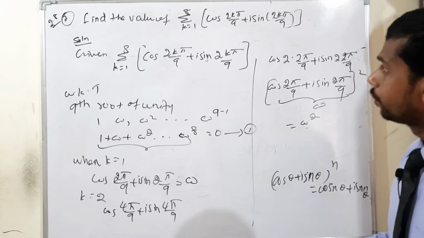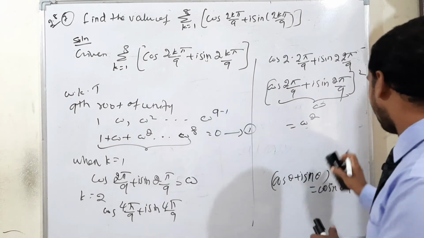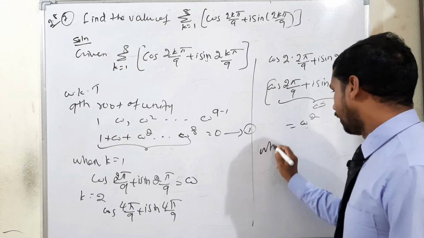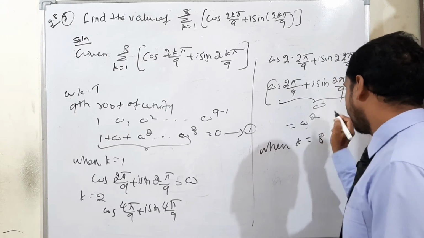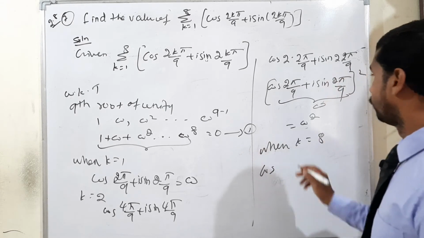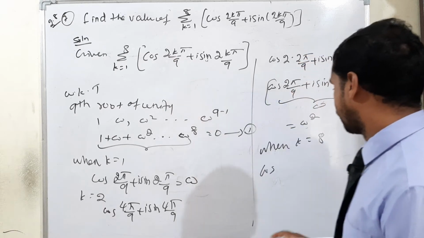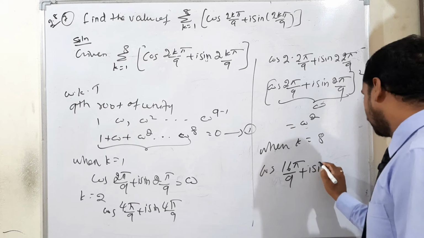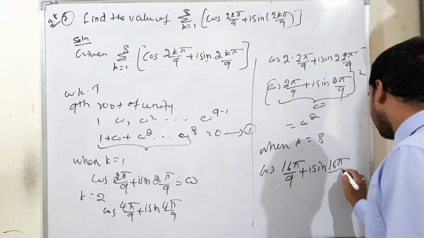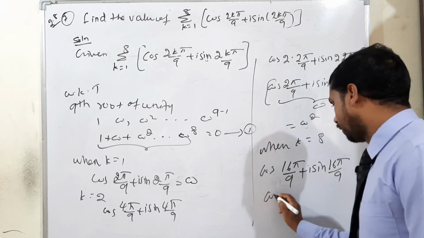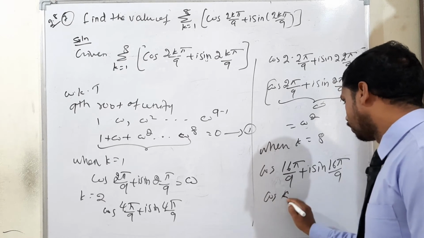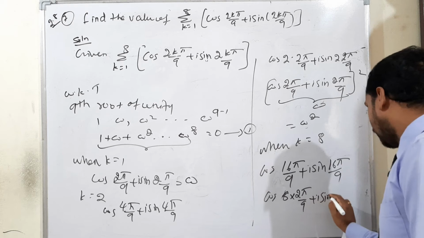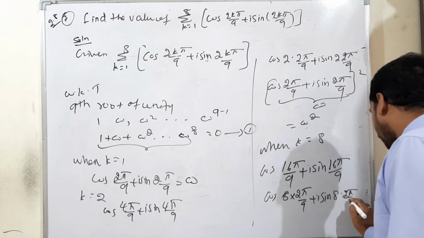We have to find it up to 8, so let me write the last one. When k equals 8, cos of 2 into 8, that is 16π/9, plus i sin 16π/9. Splitting 16 as 8 into 2, we get cos 8 into 2π/9 plus i sin 8 into 2π/9.